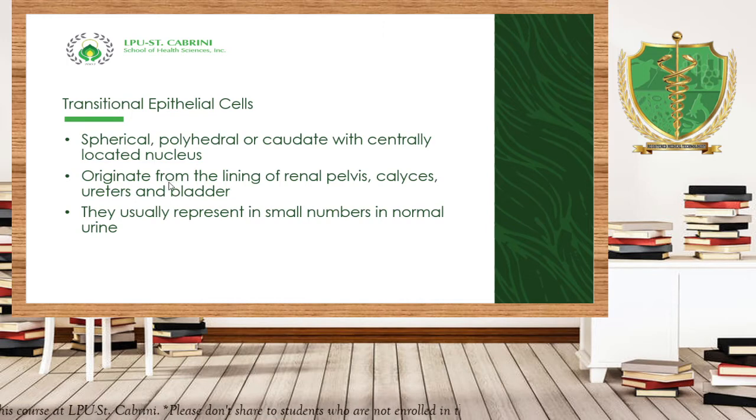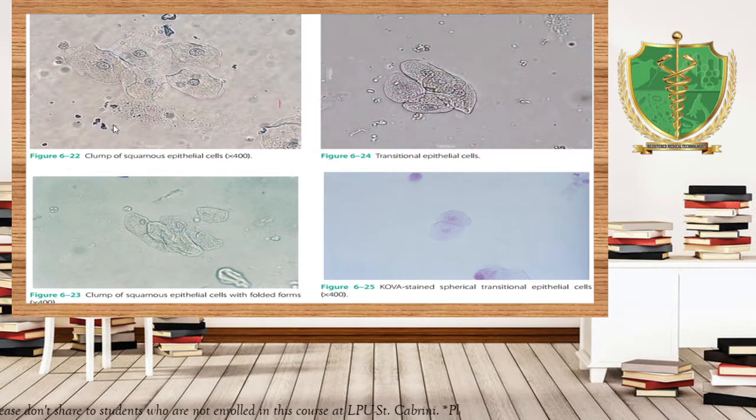The nucleus of squamous epithelial cells is also irregular. What I mean is it can be seen on any side. Unlike transitional epithelial cells, whose nucleus is only seen in the middle, centrally located.